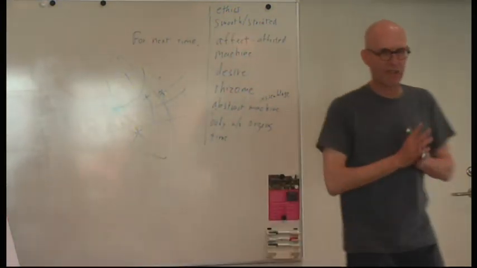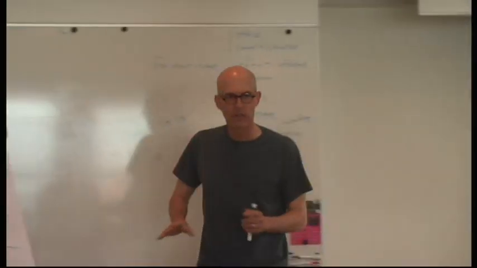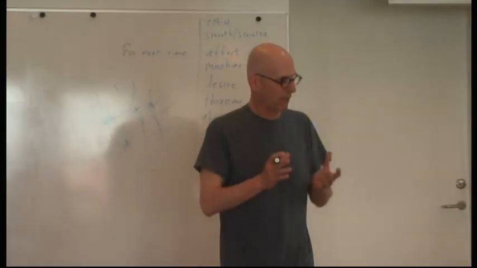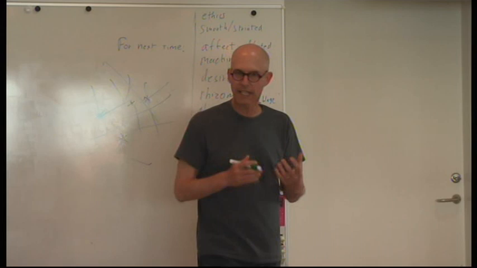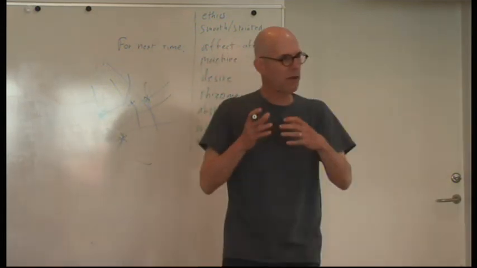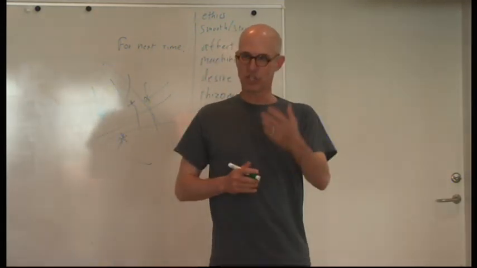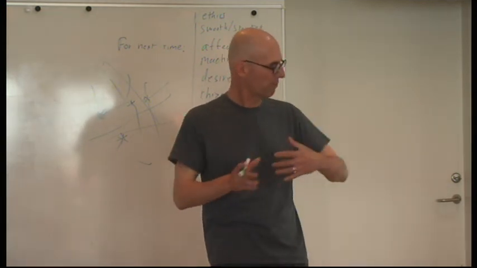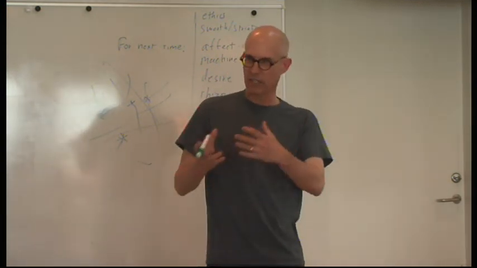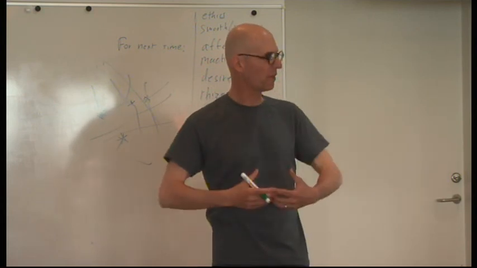So let me stop and ask first. What we've been doing, and this was the hardest part, was trying to get a sense of how it is that the virtual actualizes itself through intensity. So we're really trying to get an initial understanding. What is intensity? How does it work? Things like that.